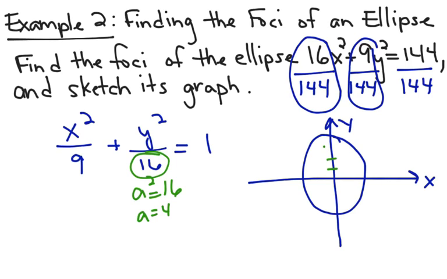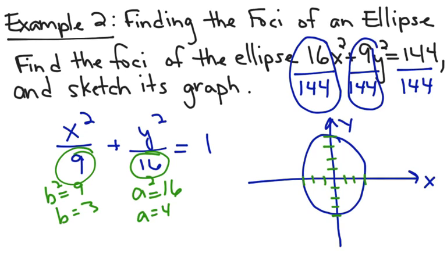So I know 1, 2, 3, 4, 1, 2, 3, 4. That's how I can make my halfway decent sketch here. This must be b squared, so b must be 3. That means that I go 1, 2, 3 units to the right and 1, 2, 3 to the left.